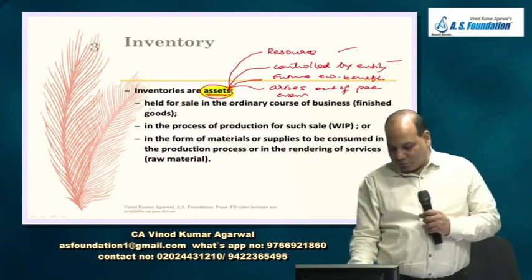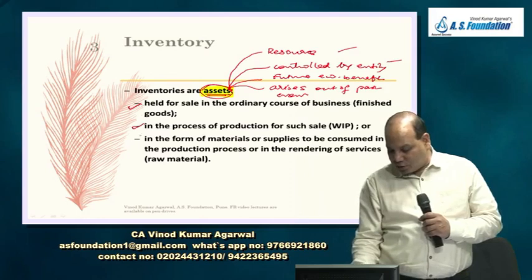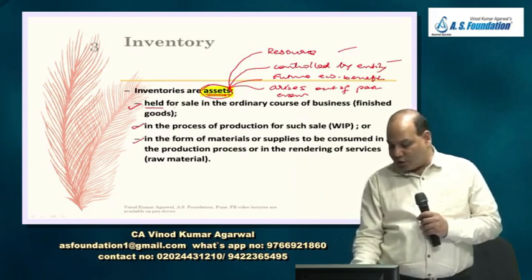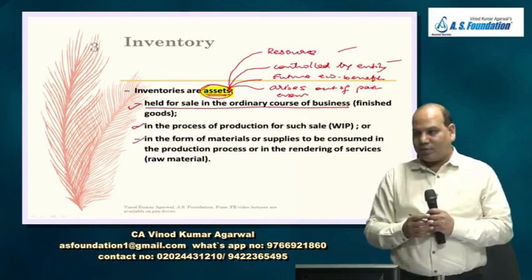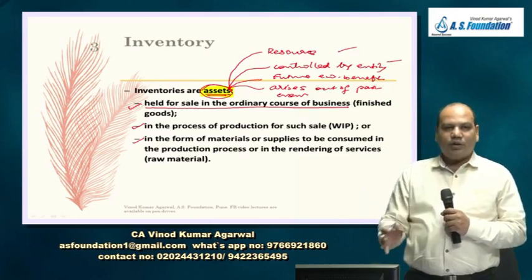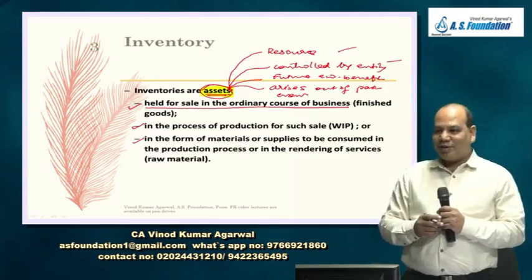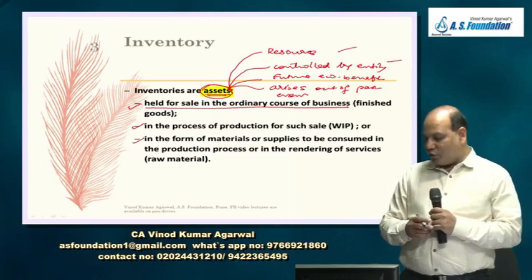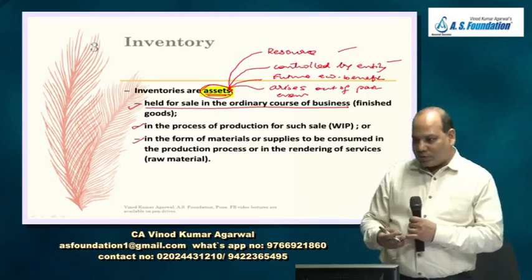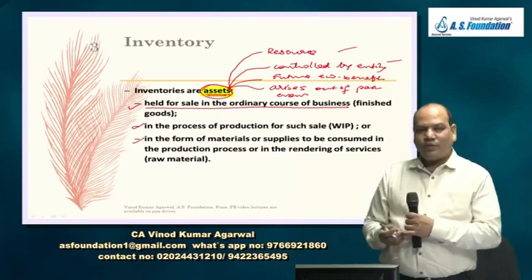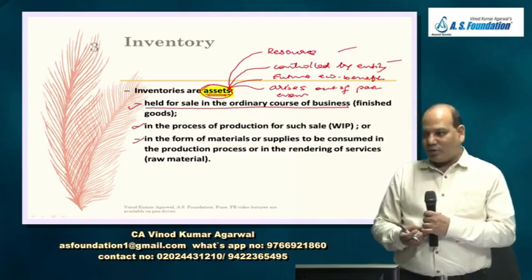No. Why? Because inventories are those assets which are held for sale in the ordinary course of business. My computer is not held for sale in the ordinary course of business. You can't go to my office and say, I want to buy that computer.